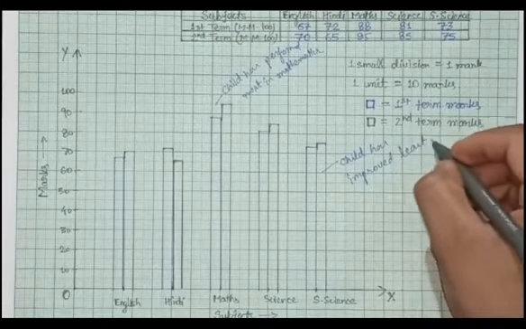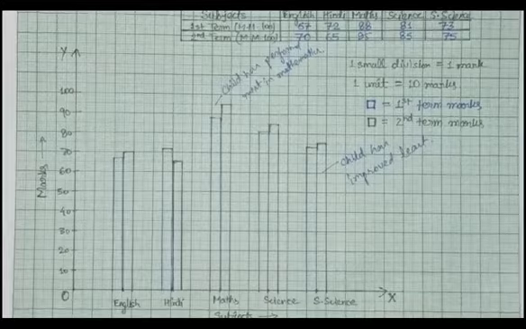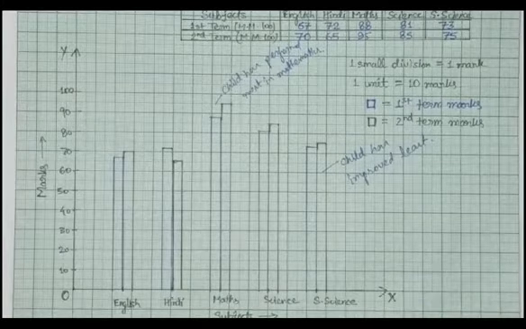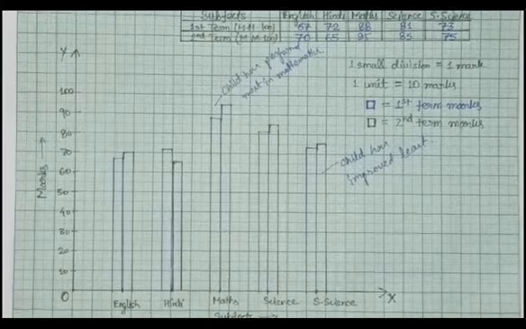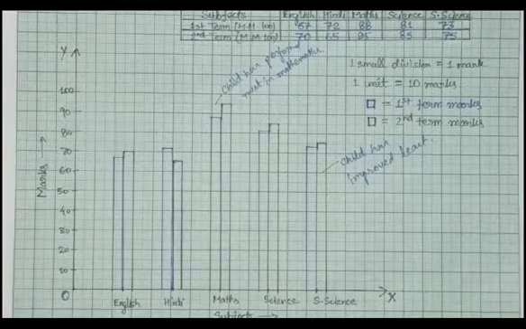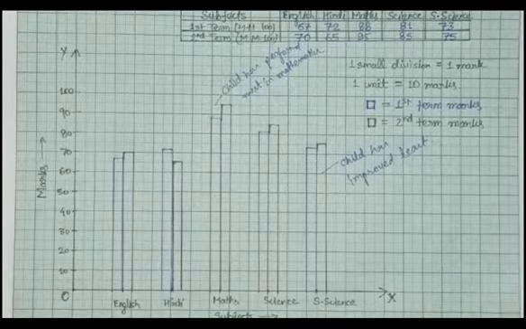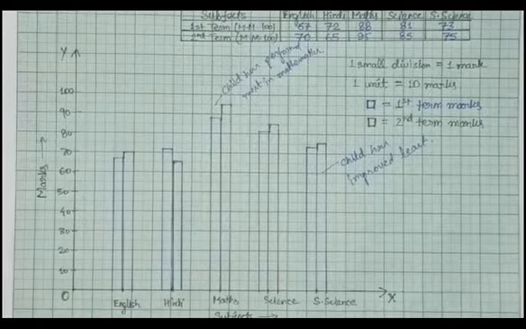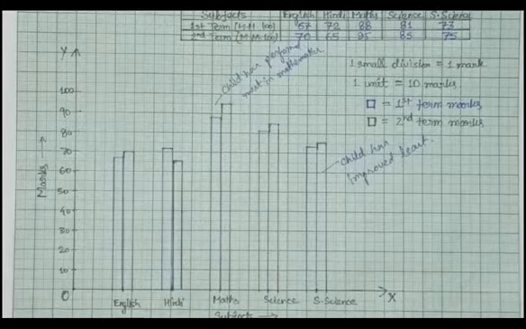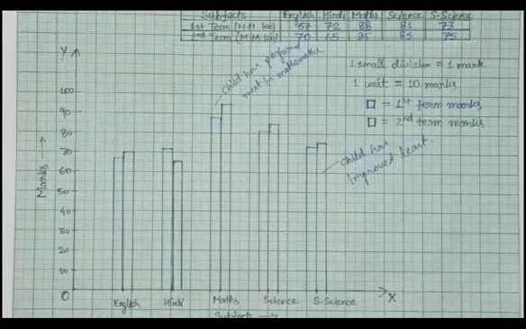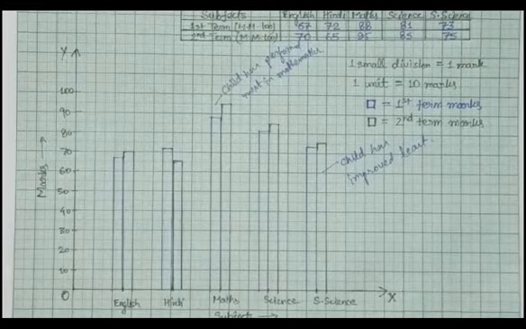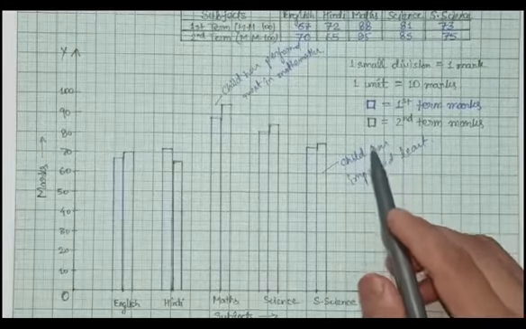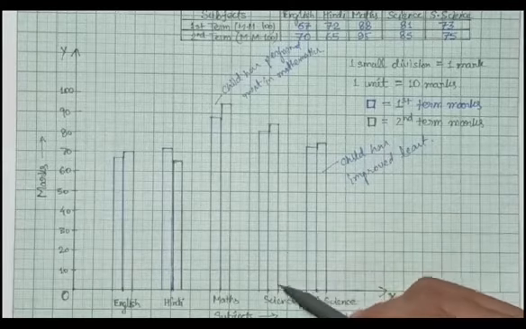In next part, it is asking, has the performance gone down in any subject? It means with the help of this double bar graph, we have to find that subject in which the student has not shown improvement. Or in other words, we can say that we have to find that subject in which the height of the black bar is less than the height of the blue bar.